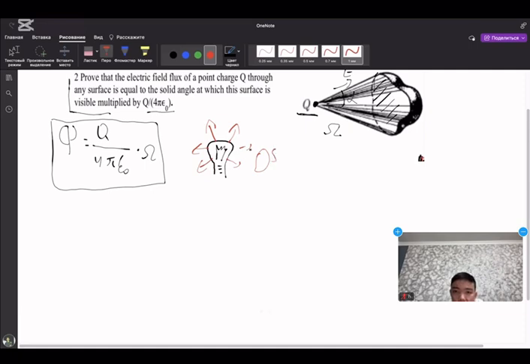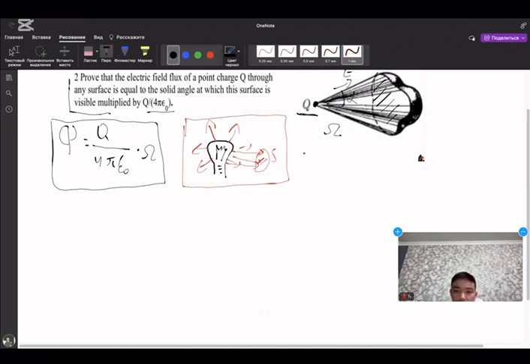It's a surface. Some of the light will pass through it. The amount of light that goes through depends on how big the hoop is, how big the area is, or how close it is to our light.